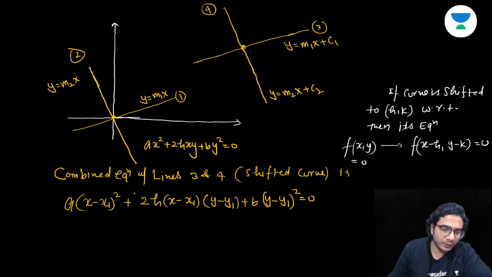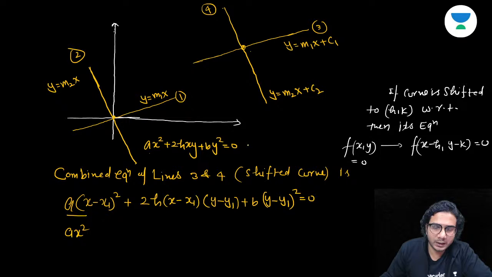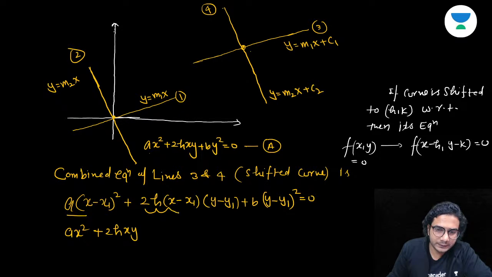So now I am going to open it. If I'll open it, I'll get this term, see ax square, the same x square wala term which was there in the equation number, say this is equation number a. Okay, so ax square plus 2hxy plus by square.